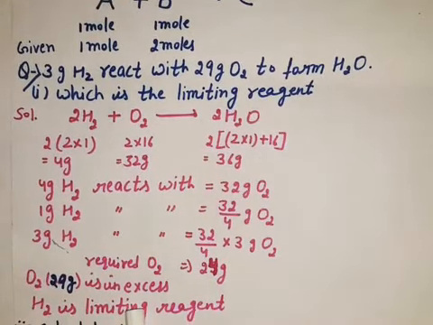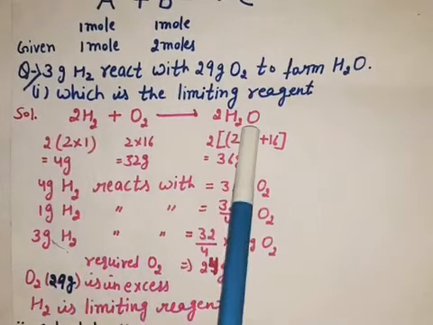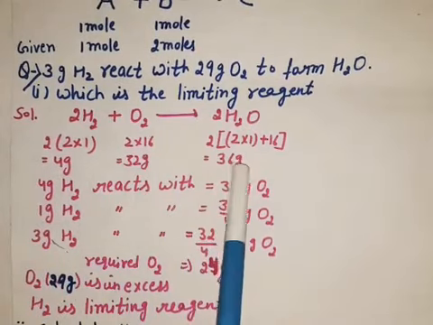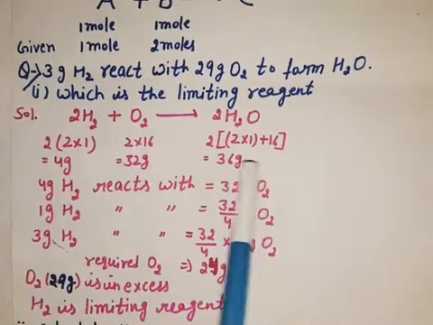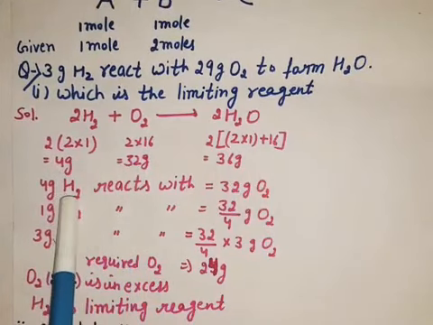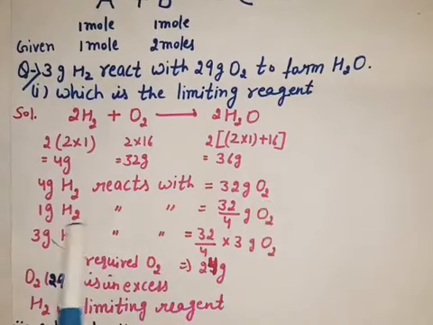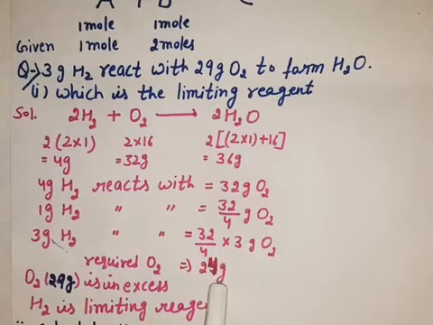So always when you find the limiting reagent, first you have to write the chemical equation, then you have to write their amount, you have to calculate their molecular mass, then you have to compare reactants, that 4 gram of reactant reacts with 32 gram of oxygen. Then you will use the unitary method, and by this way you will be able to find out how much amount of reactant is required to completely react with the other reactant, and in this way you will be able to find out the limiting reagent.